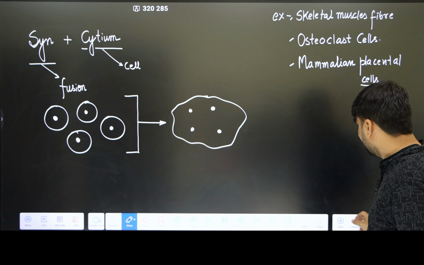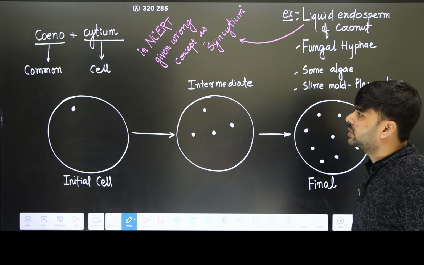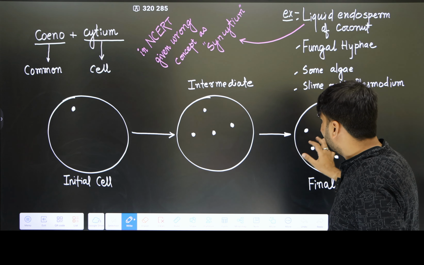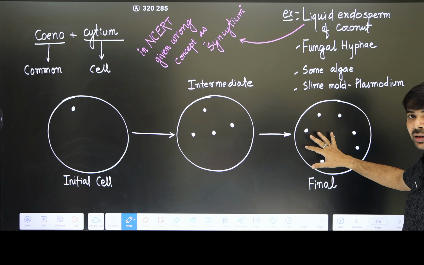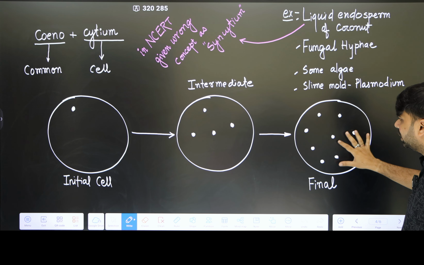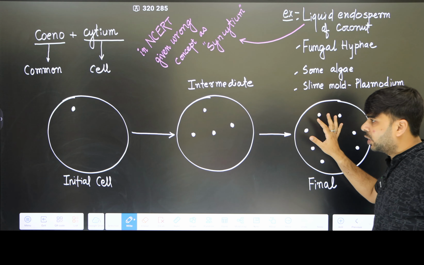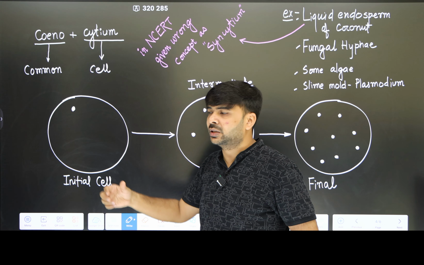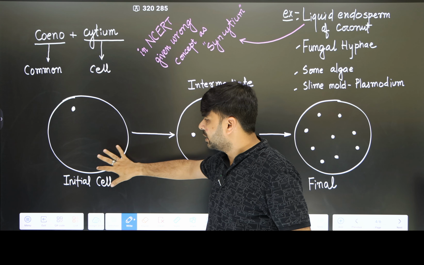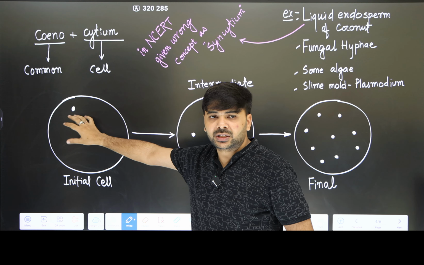Now let's come to coenocytium examples. Coeno means common. The final cell has multiple nuclei with common cytoplasm. How is it created? The initial cell has a single nucleus.